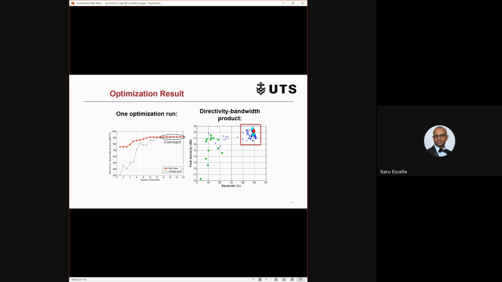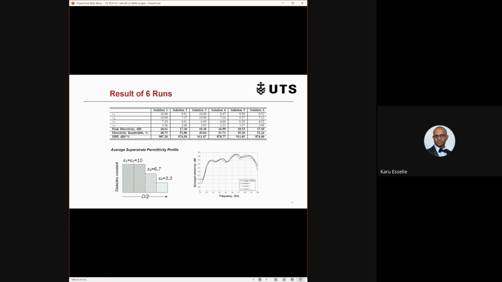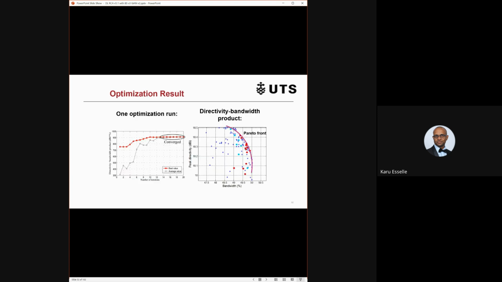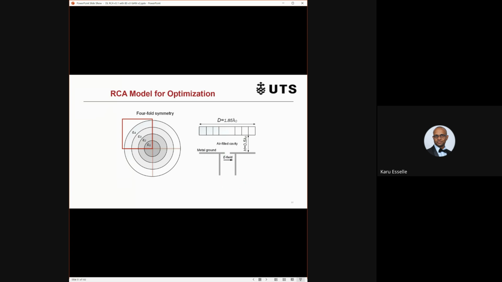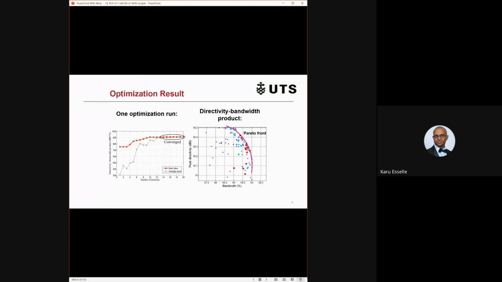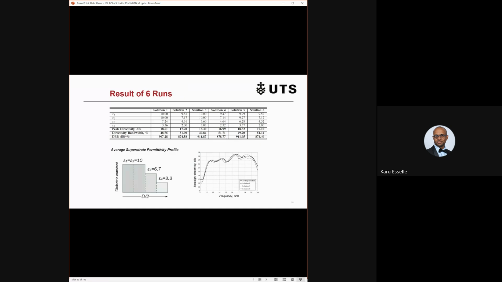There are a lot of results here. It gave us several solutions at the end. These are the values. You probably noticed that it has 4 different dielectrics in the design: 1, 2, 3, 4 dielectric materials, and we were optimizing their parameters, basically the dielectric constant values.